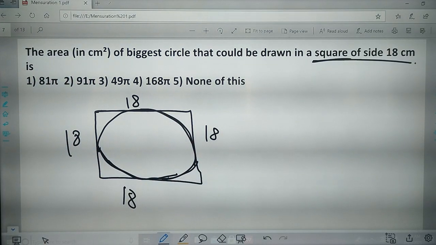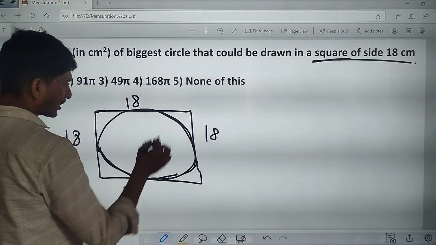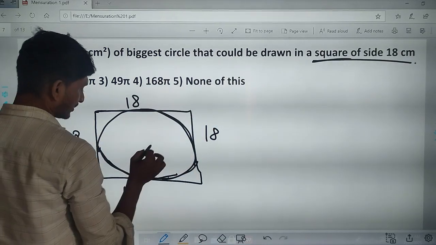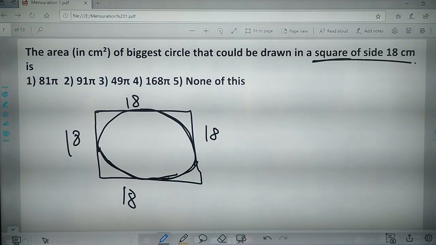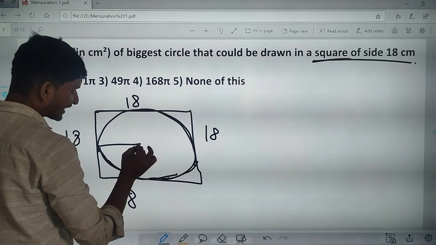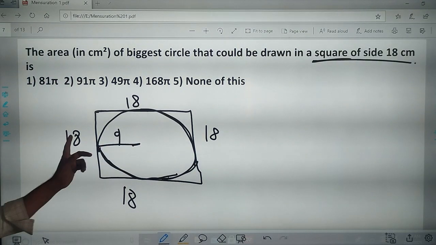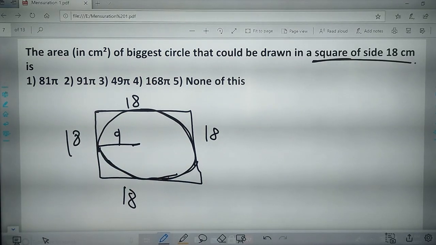This circle is drawn inside the square. Here the radius of this circle is 9.